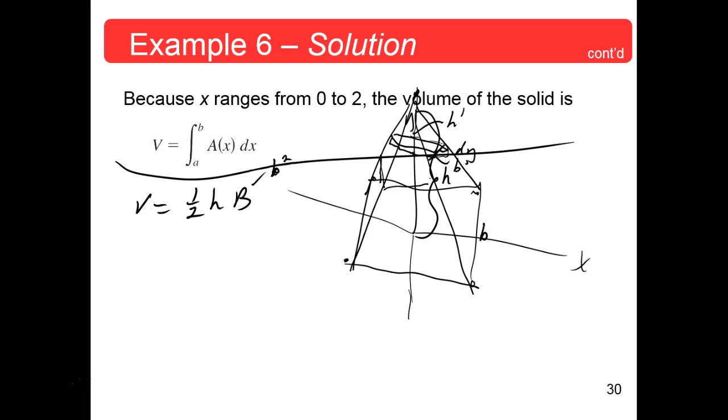So let's just do a cross section of this. So this is y. This is our h up here, the height. Here's our x over here.